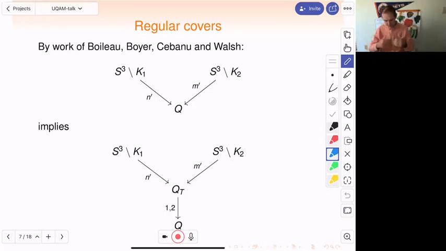What you guys did was look at quotients, and in fact, if this Q here has a sphere with 4 cone points of order 2 as its cusp, so if you have 2 knot complements covering the same orbifold, and it's regular, this would have one of 2 cusp types, but in fact we can now see that there's an intermediate cover that has to have a torus cusp.